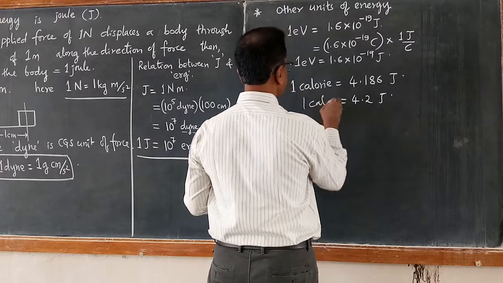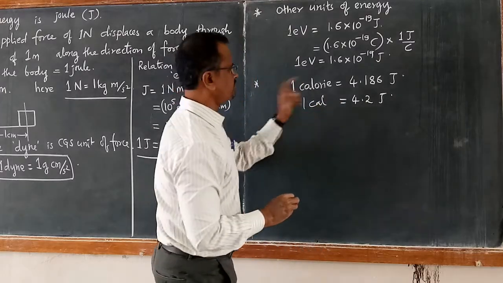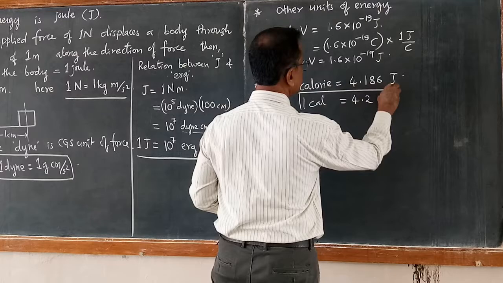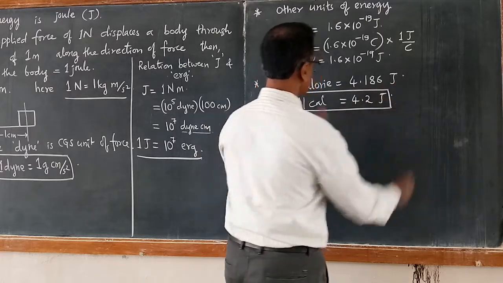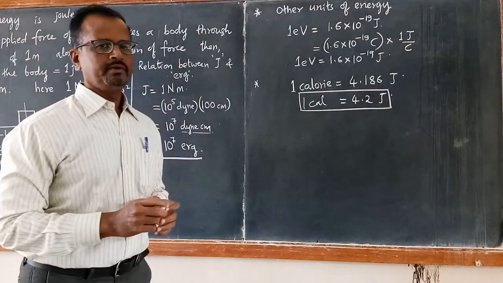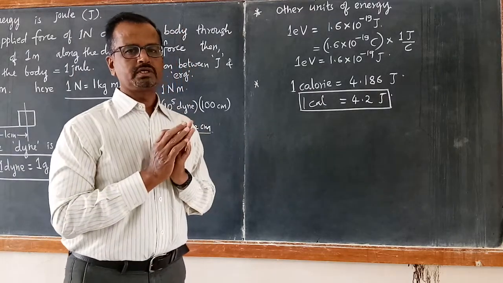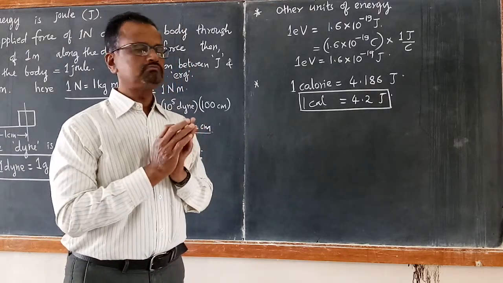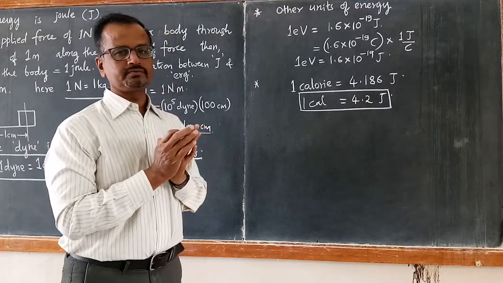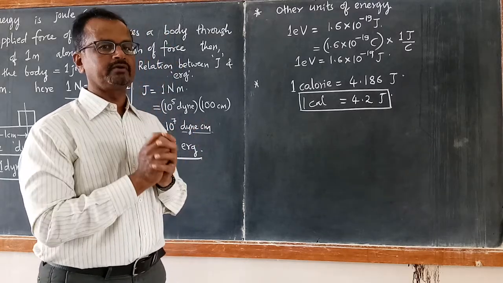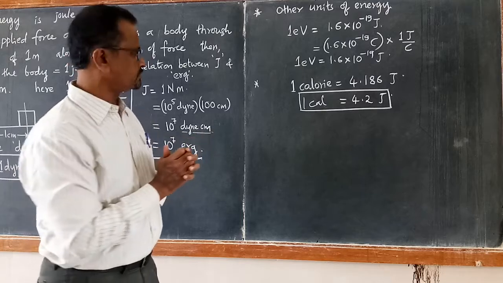CAL is the short form of calorie. So this is another unit which we commonly use while measuring heat or related energies, food energies, in terms of food calories.